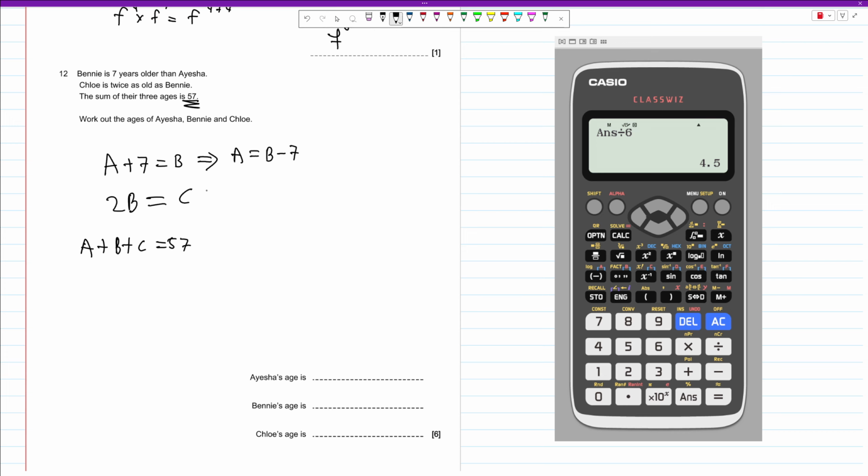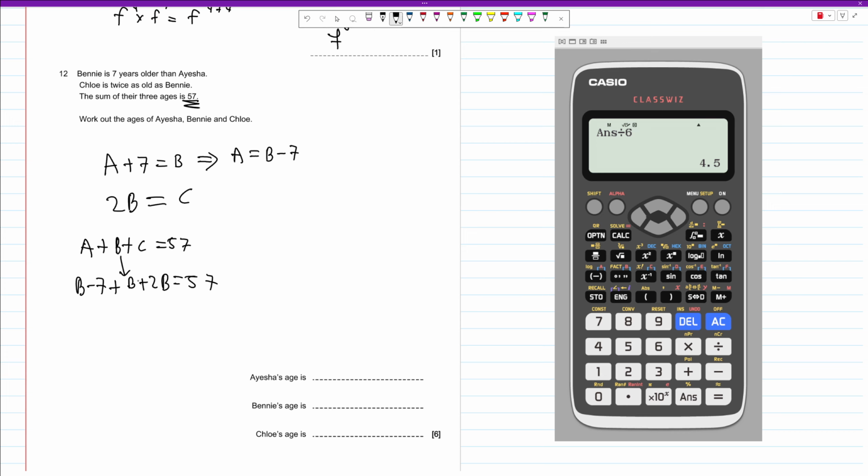And that means we can write everything in terms of B. I can replace A with B take away 7, because Benny's age take away 7 is Aisha's age. B, we're just going to leave that as it is. And C, which we're going to write as 2B. And now I can just figure that out.